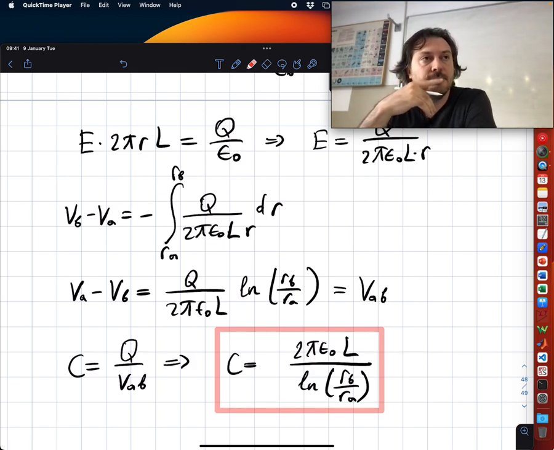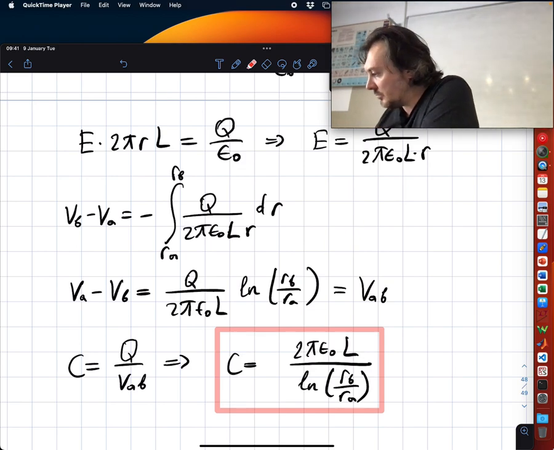Why is this potential the same as the uniform line charge potential at a point? R0 over Rn, and R0 we found. Yes, because it's the same problem.